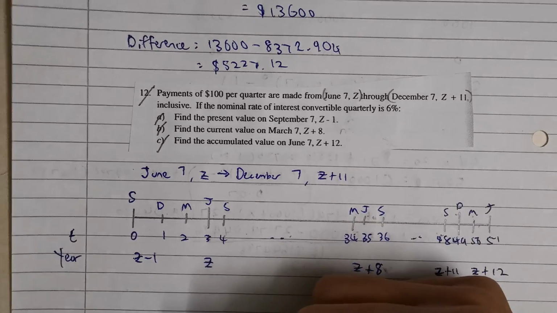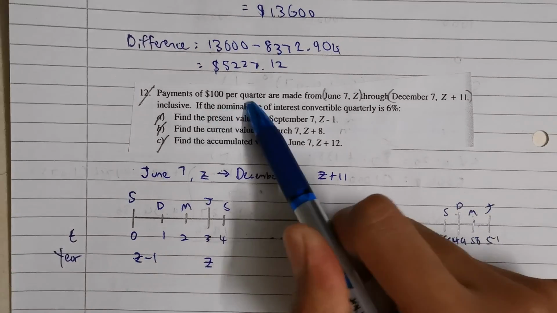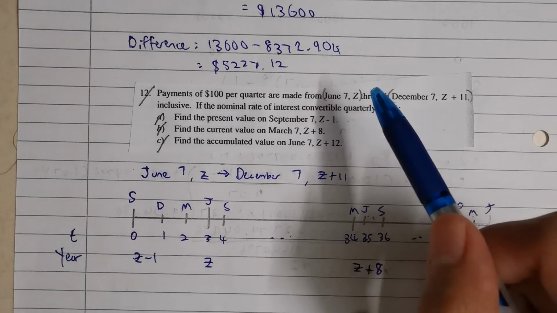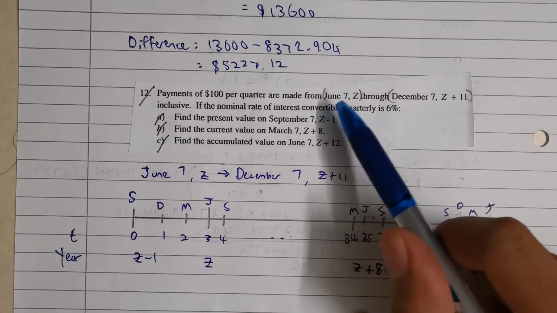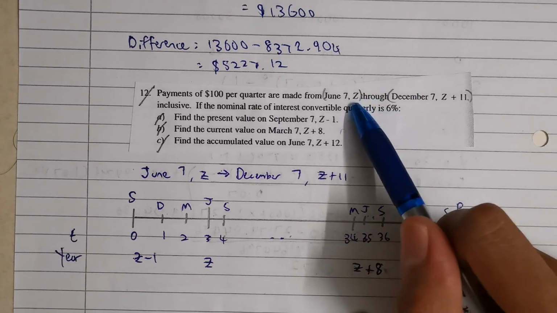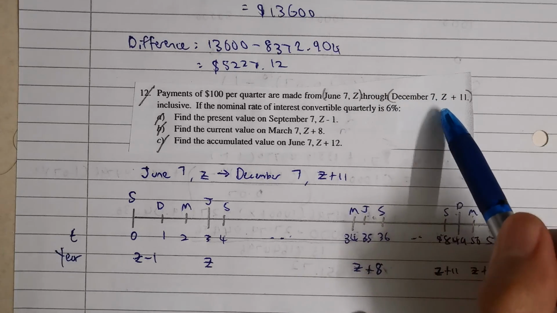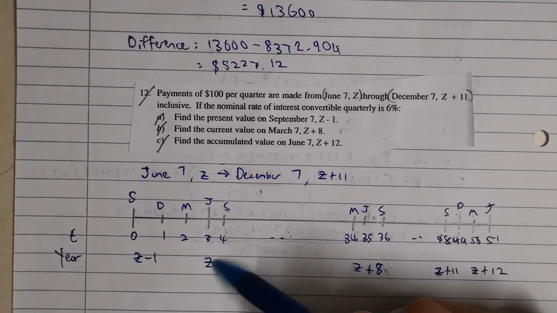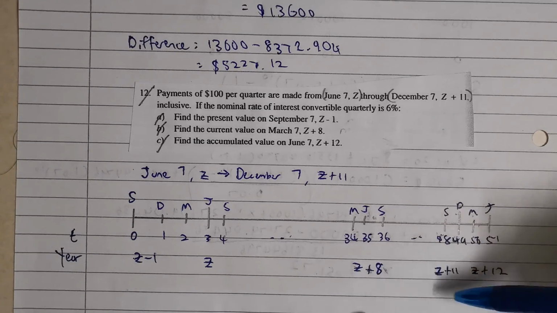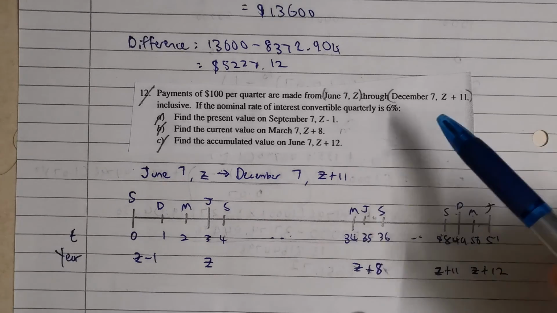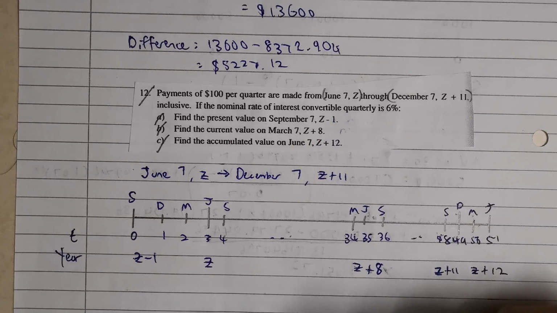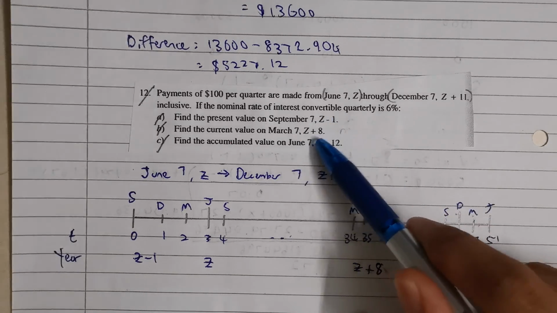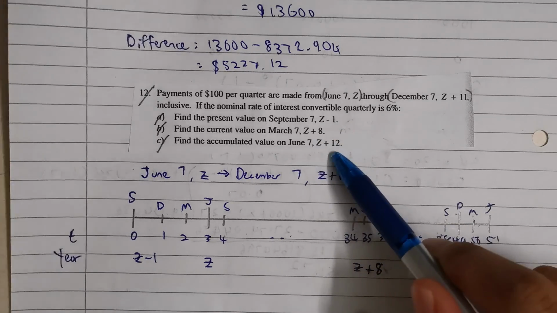So actually the payments of 100 per quarter, which is every 1/4 year or 3 months, are made from September 7, year Z until December 7, year Z plus 11. So this is year Z, this is year Z plus 8, Z plus 11, Z plus 12. I've only drawn the needed information, like A, B and C: Z minus 1, Z plus 8, Z plus 12.